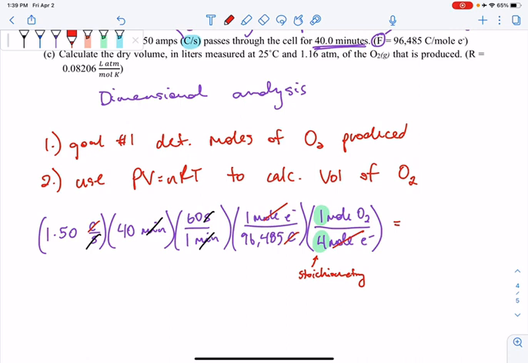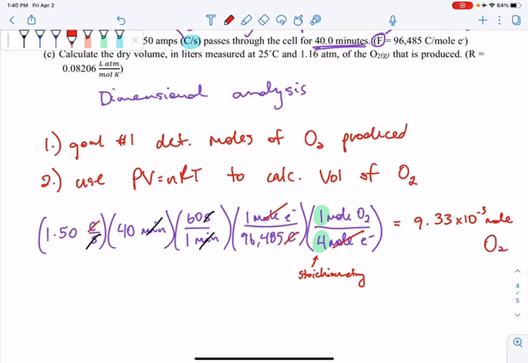So 1.5 times 40 times 60 divided by 96,485 times 4, which gives us 9.33 times 10 to the minus 3 moles of oxygen.